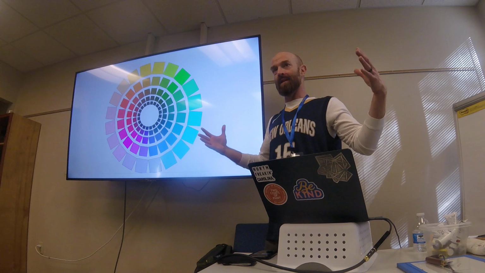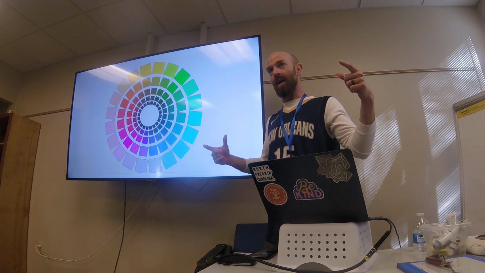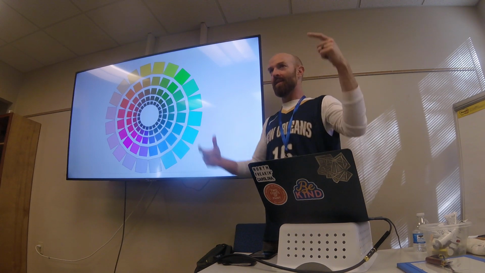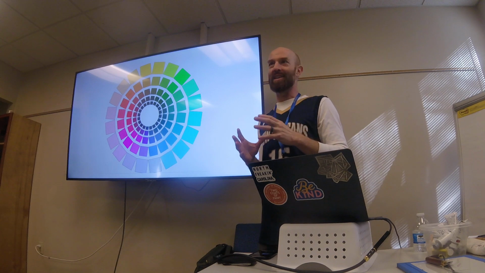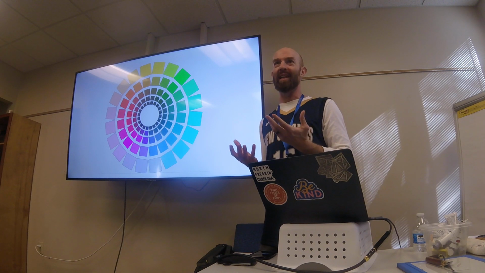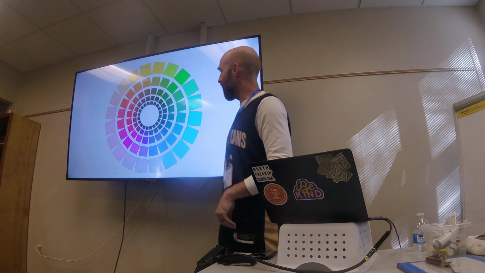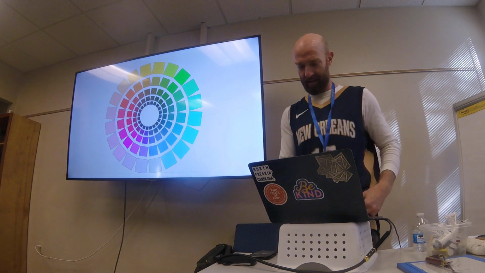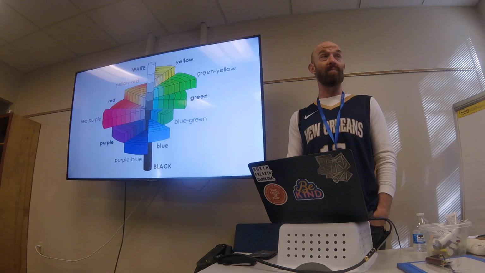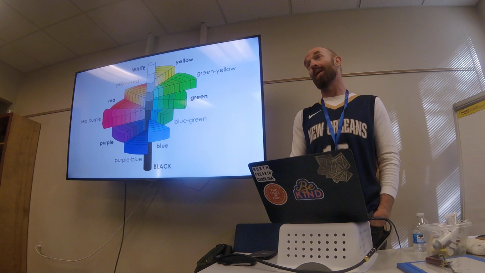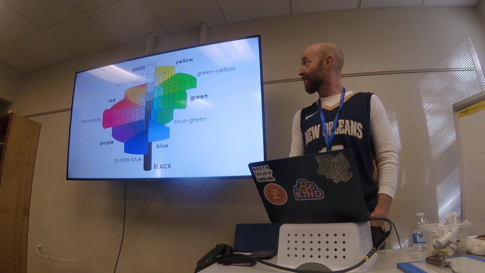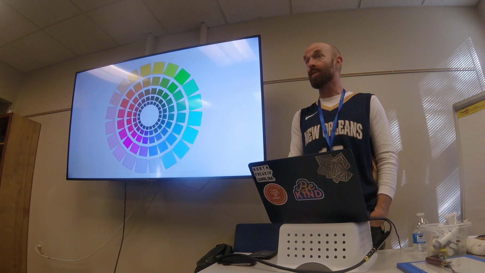They can be the same distance from the center of the solid and be different, which is why in the first class I described it as a sphere, but that's not really true. It's more of a three-dimensional solid. Hopefully, and these will be in the slide deck, you guys can come back and refer to these at some point, but I think these can be useful diagrams to think about the relationship between chroma and tone.